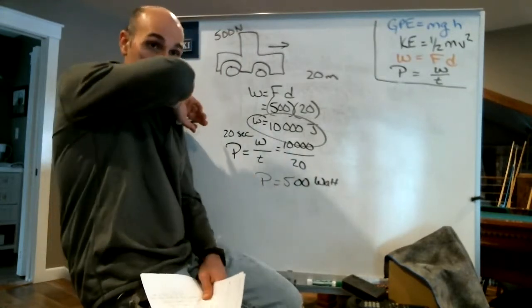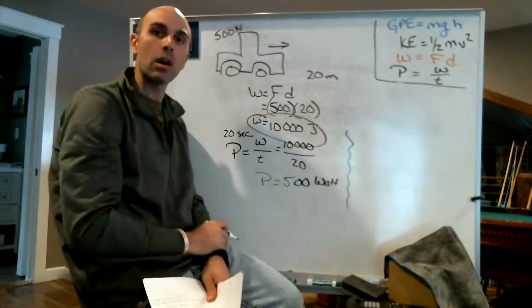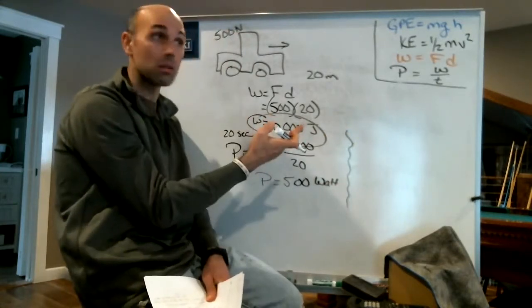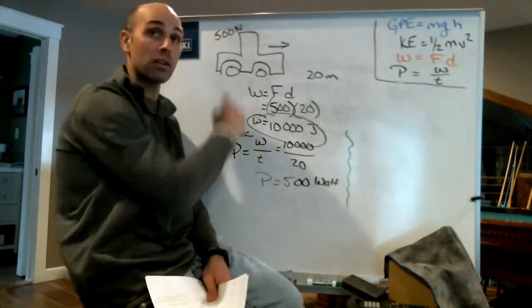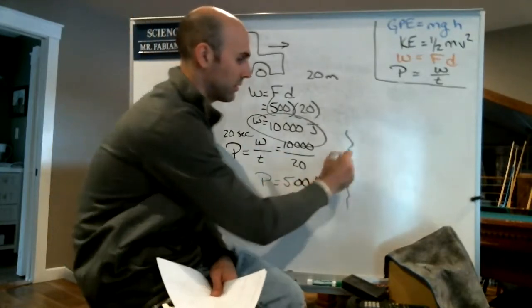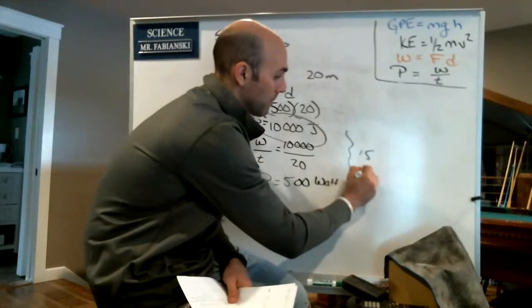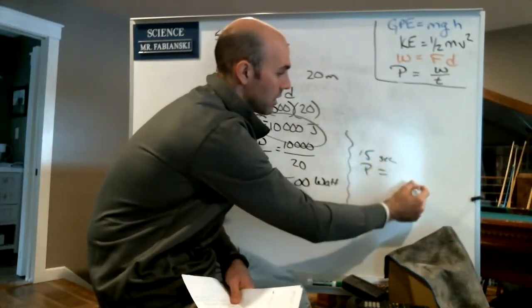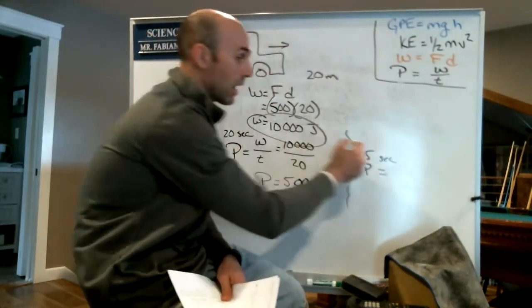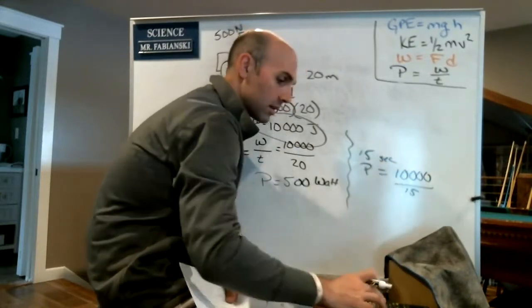Now let's say your friend came along and he pushed that same car 20 meters, 500 newtons of force, but he did it in 15 seconds. What's his power? Well, power equals the work done, 10,000 joules, over 15.